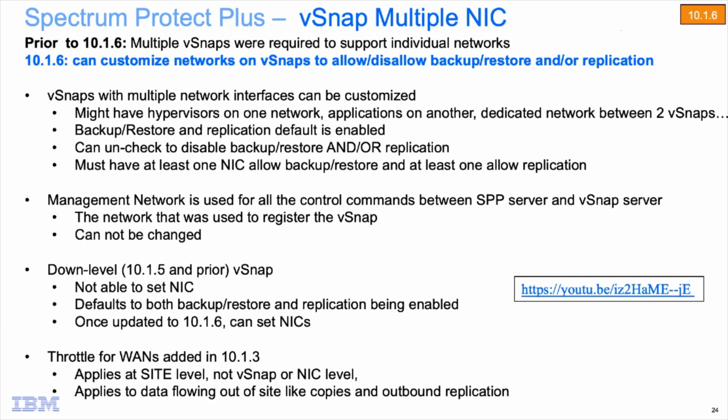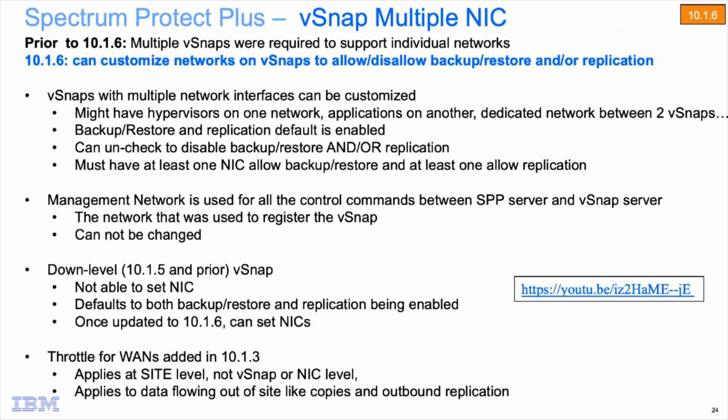Another usability improvement in 10.1.6 is support for multiple NICs in vSnap. Way back in 10.1.3, we added the ability to throttle replication at the site level for vSnaps. And beginning in version 10.1.6, we can now customize the network interfaces on vSnap.